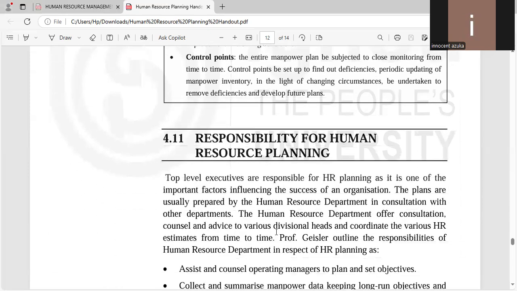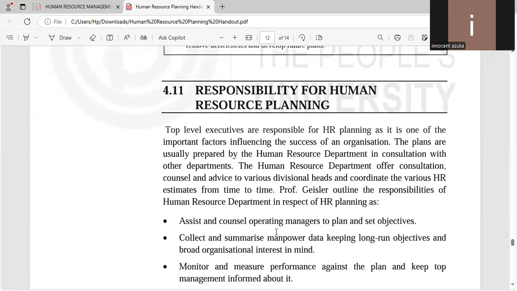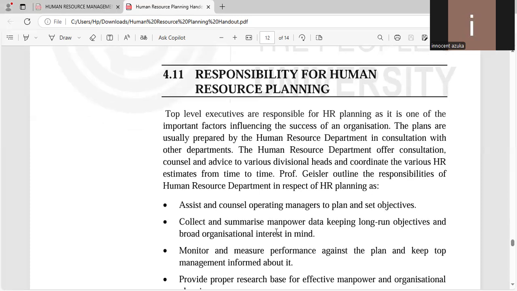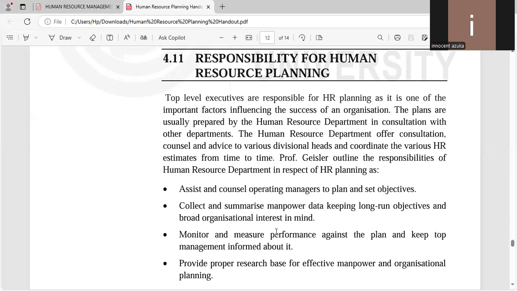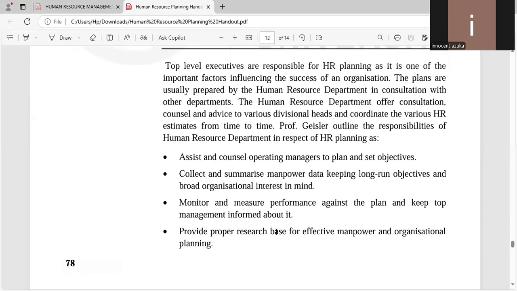So responsibility for human resource planning, what is the responsibility? It is to assist and counsel operating managers to plan and set goals, collect and summarize manpower data, keeping long-run objectives and broad organizational interests in mind.